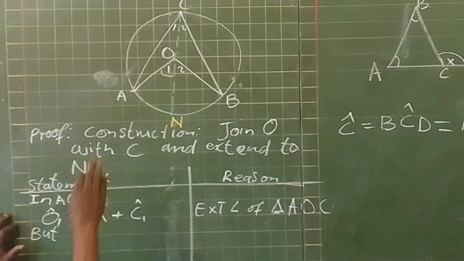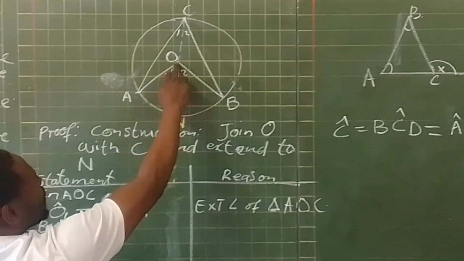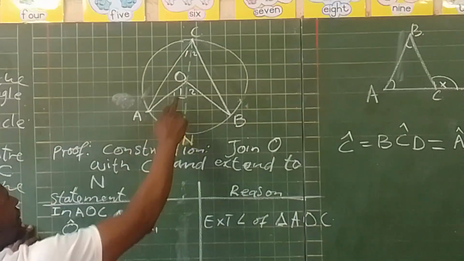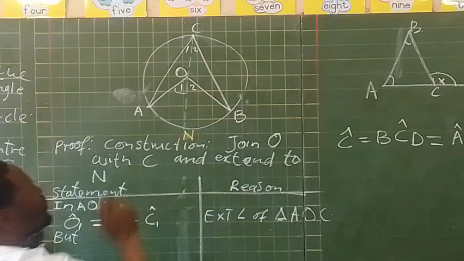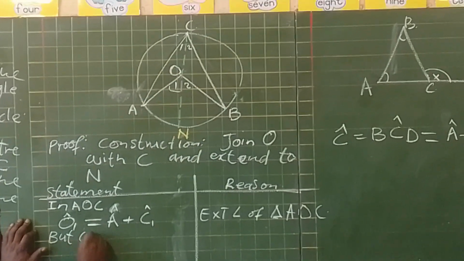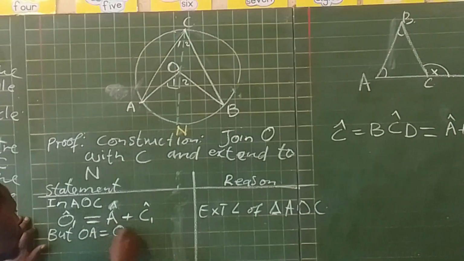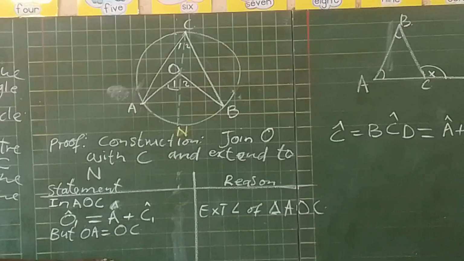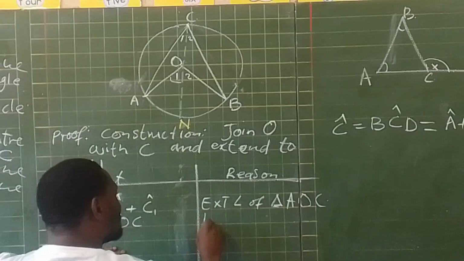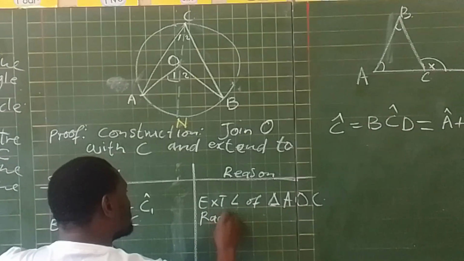But in fact, we know that OA is equal to OC. The reason for that is they are radii.